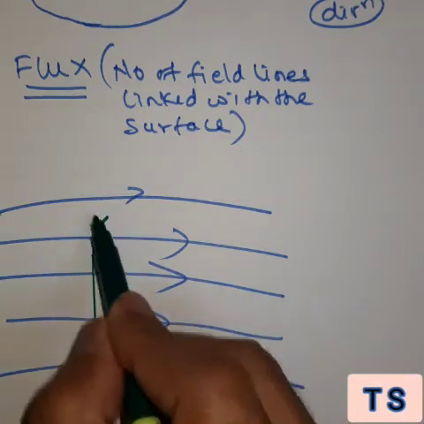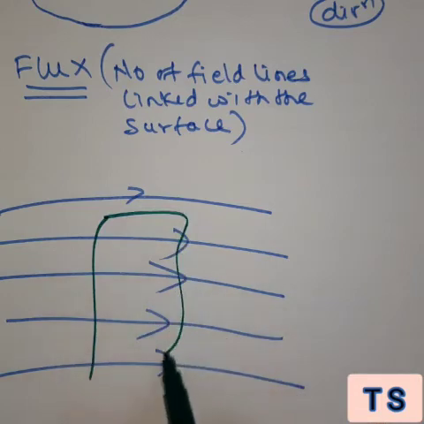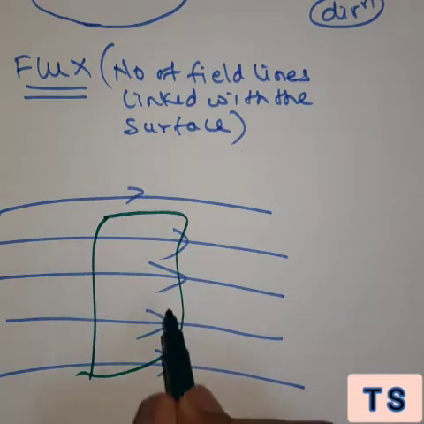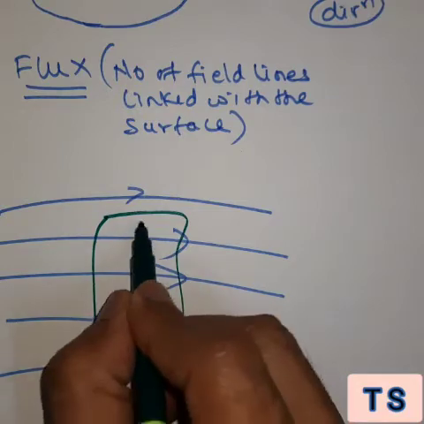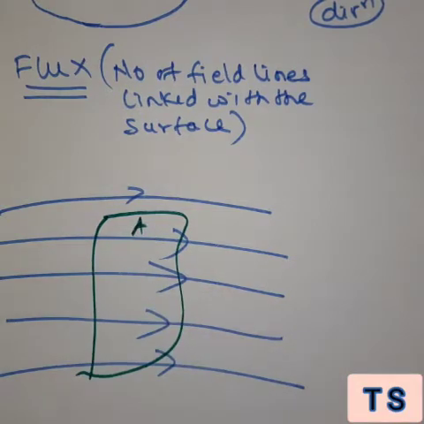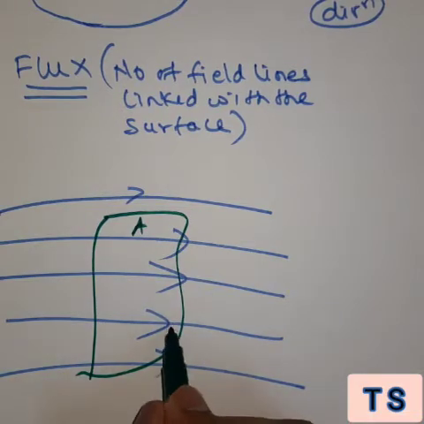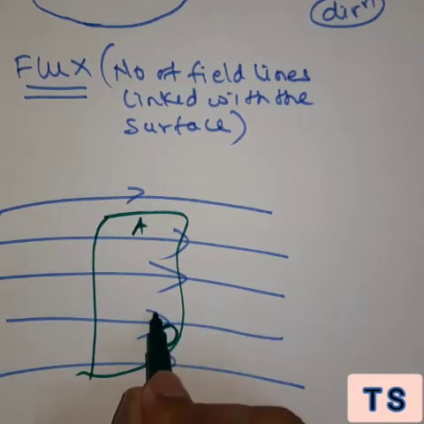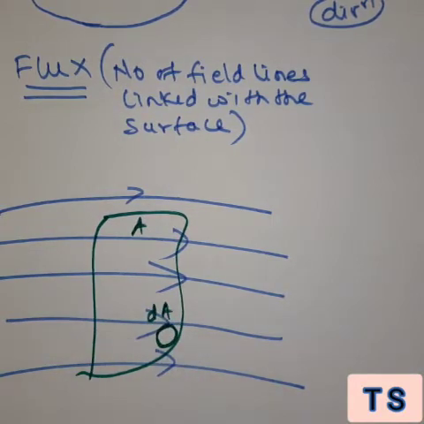So let's say that this is a particular plane which is placed inside the field and which has area A. Can we take a small area over here called dA? So this dA is my small area.